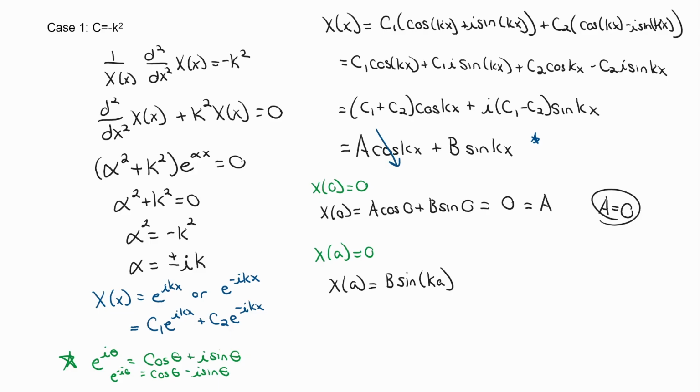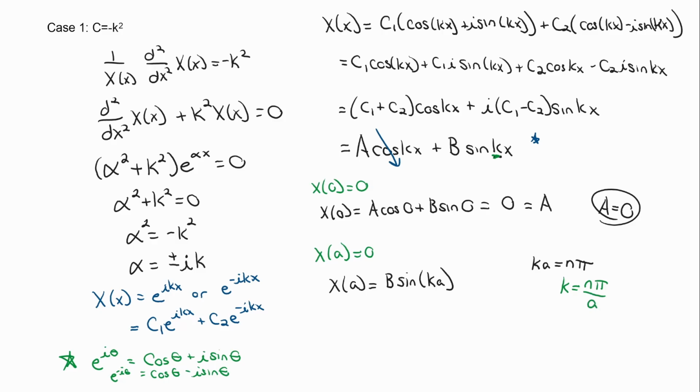But sine does equal 0 whenever we take the sine of pi times an integer n, where n can be 1, 2, 3, all the way to infinity. So this function will actually be equal to 0 if the inside of our sine term is equal to n pi, which is very useful, right? Since we have a k that's defined in our sine term, if we want to define it further, we can say k is just equal to n pi divided by the length of our block, a.